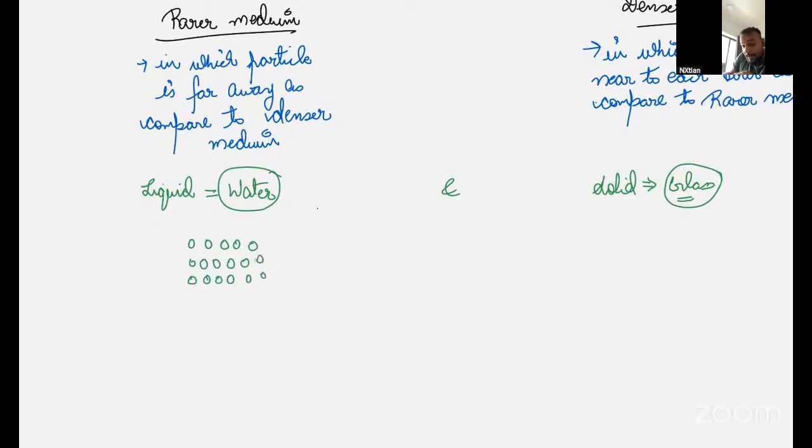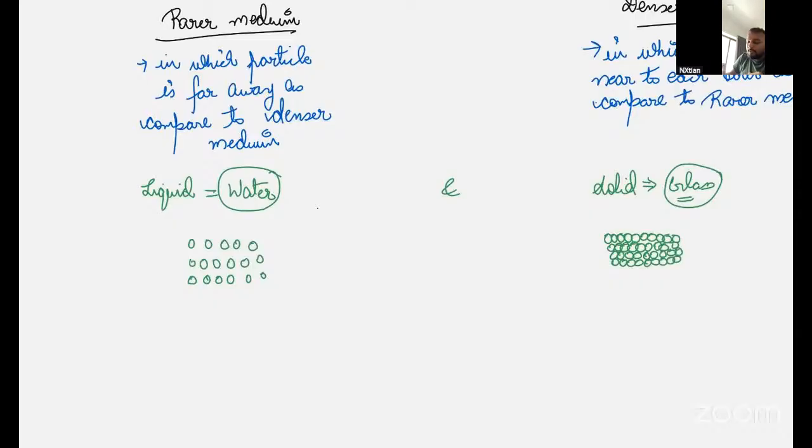Because when I compare it, remember this thing: when I'm comparing, it's not fixed that water always comes in rarer medium. When I'm comparing with glass, which is a solid, the particles are tightly packed. So we need to see, of both mediums, which one is rarer and denser. It is not fixed that solid will always come in denser or liquid will always come in rarer. We have to compare.